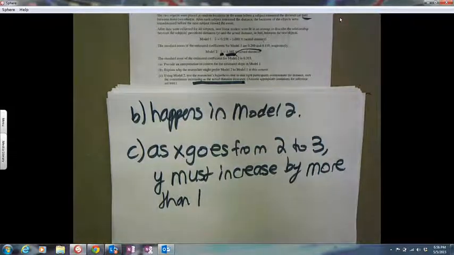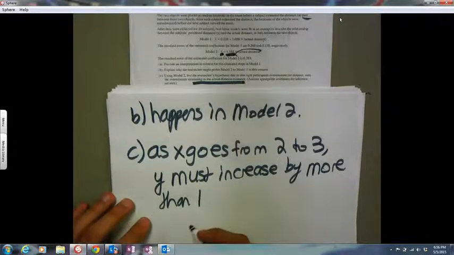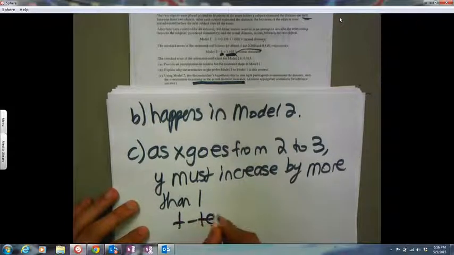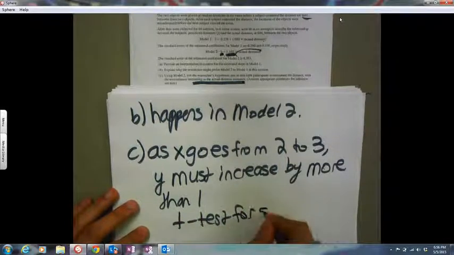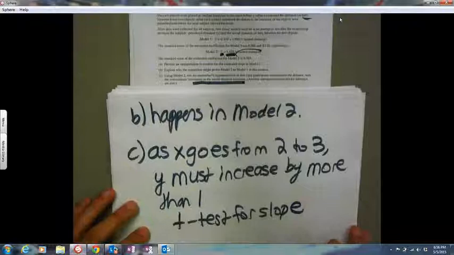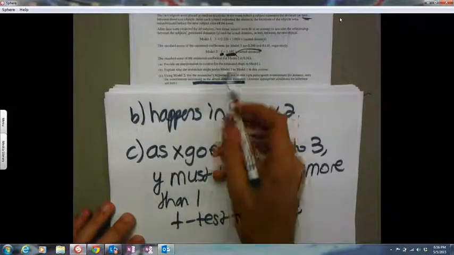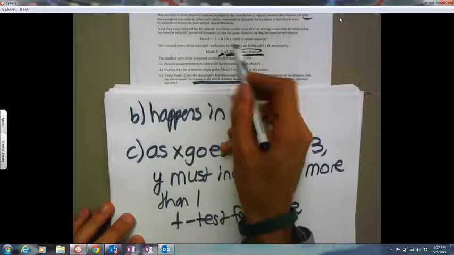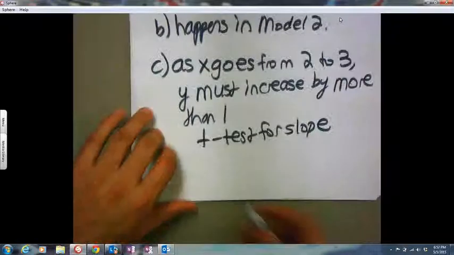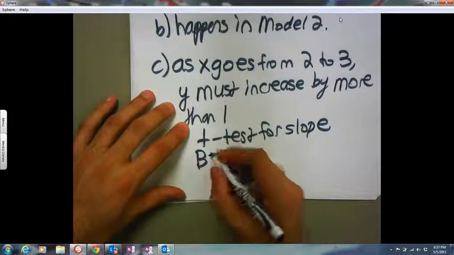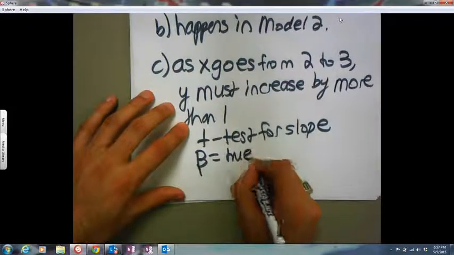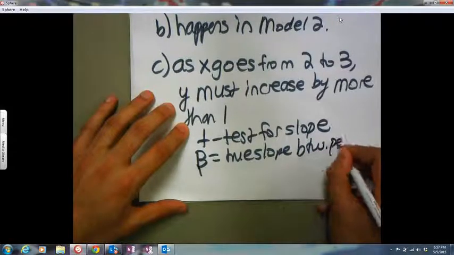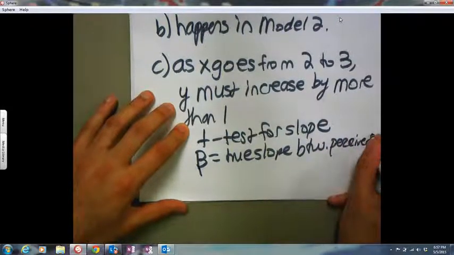So this is a t-test for slope. Again, it's a t-test for slope because I want to look at the slope, which is what happens as actual distance goes up, y changes based on the slope. The slope needs to be bigger than 1, so I'm going to say beta is equal to the true slope between perceived and actual distance.